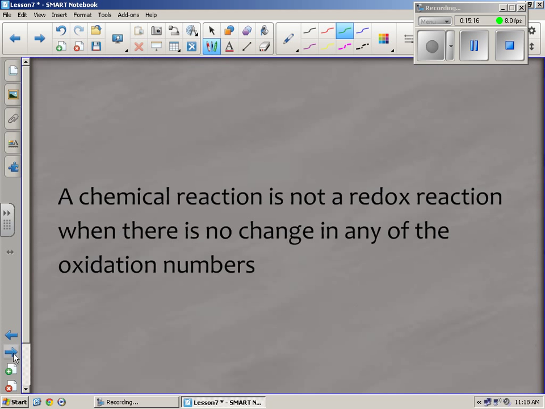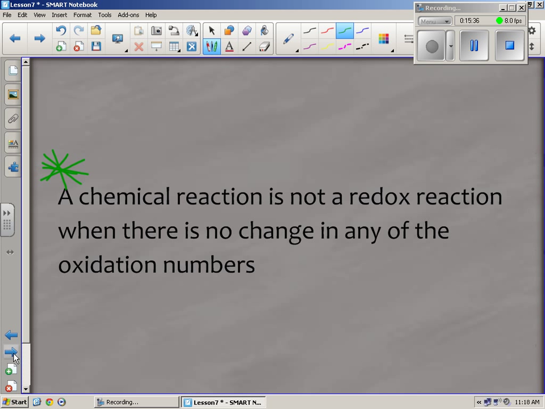Same thing applies with the number line. Now, a chemical reaction is not necessarily a redox. This is very important. We'll probably give you some type of question on it. Just because a reaction is in the unit doesn't mean it has to be a redox reaction.